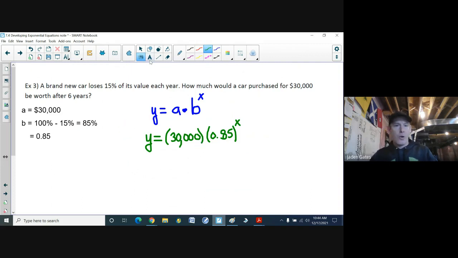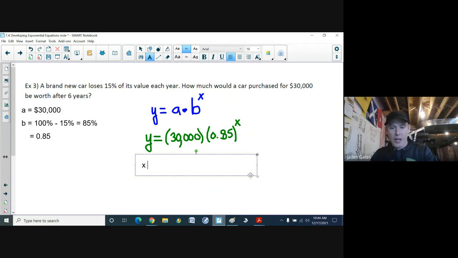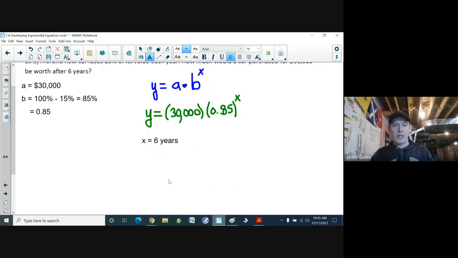Now it asks, how much would a car purchased for $30,000 be worth after 6 years? So our x value is 6 years. Our rate is in years, so we don't have to make any adjustments there. That's good.